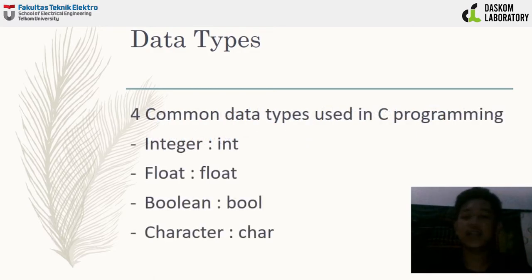There are four common data types used in C programming. The first is integer, commonly written as INT. Second is float, commonly written as float. Then Boolean, which is written as BOOL, and the last is character, commonly written as CHAR.